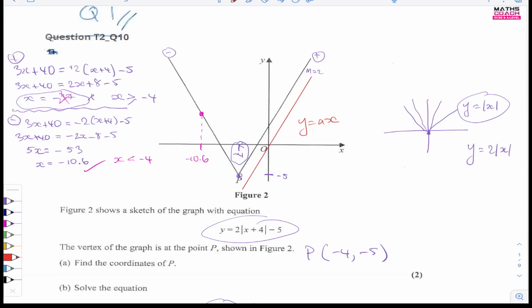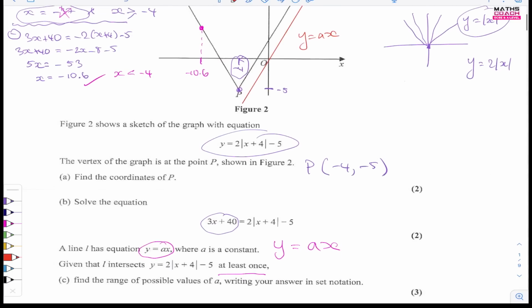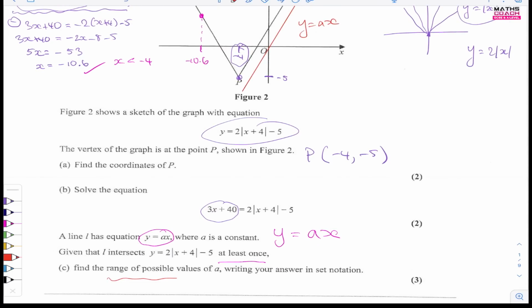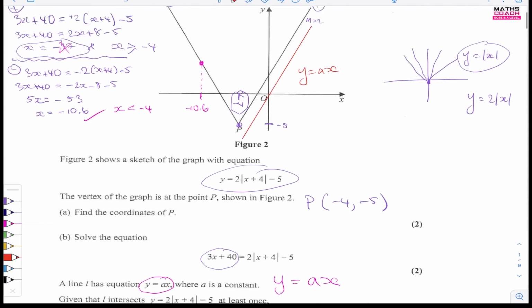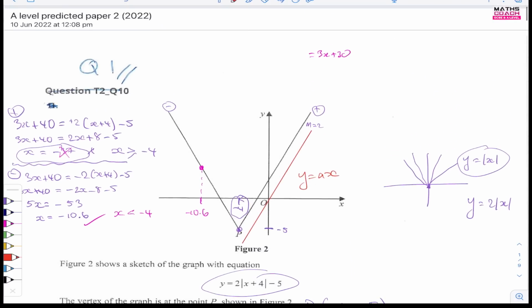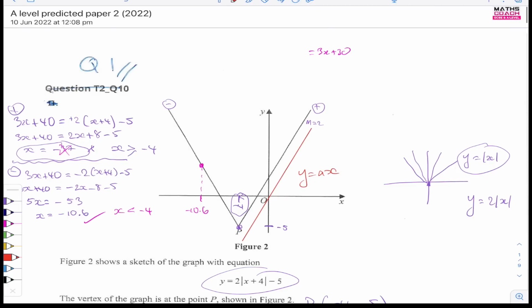We can only make this happen by changing the gradient of the line, which is a. The question says find the range of possible values of a, and they give you the answer in set notation. So a could have a range of values. When we change the values of a, the gradient changes, and as it does, it may cross the modulus graph.